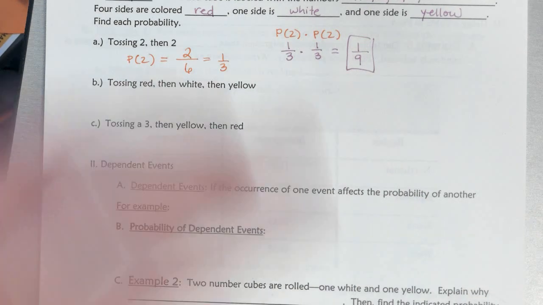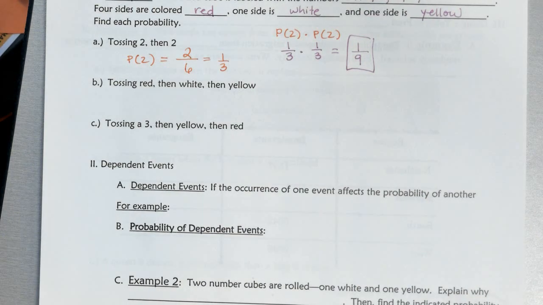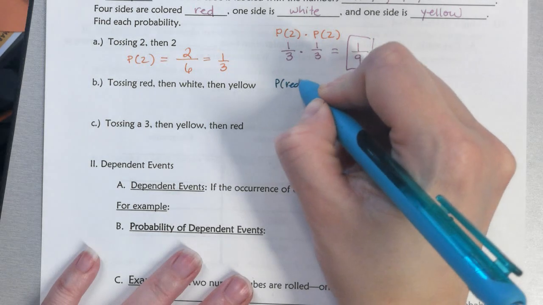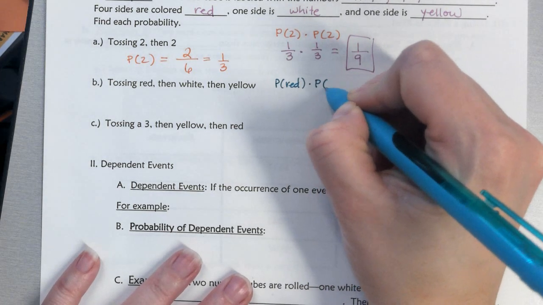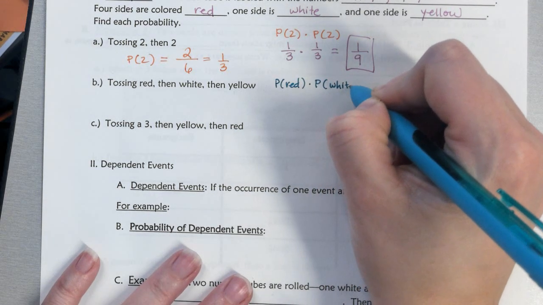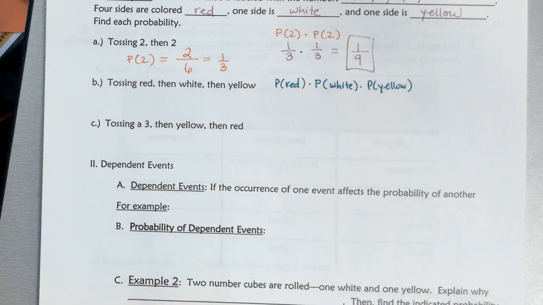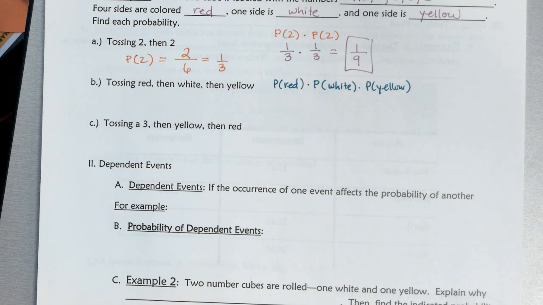Okay, and then for part B, you have the probability of tossing a red, then a white, then a yellow. Okay, so again, this is an independent event. So we're just going to find the probability of tossing a red, then a white, and then a yellow. We're just going to multiply them together. You always want your fraction to be reduced.